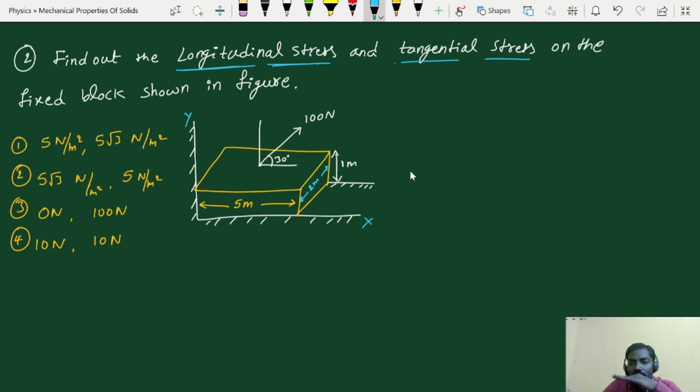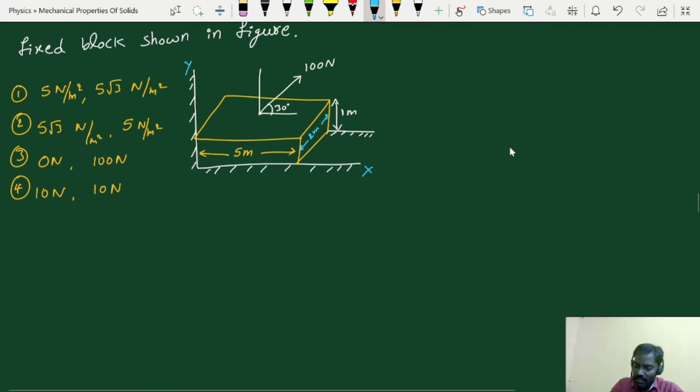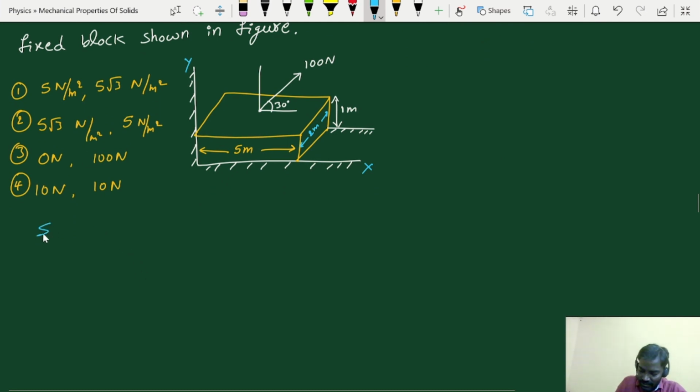And in case the force acts by making some angle with the horizontal, in that case both tangential stress and longitudinal stress exist. So first of all, according to the given data, let us find the parallel and perpendicular components of force.